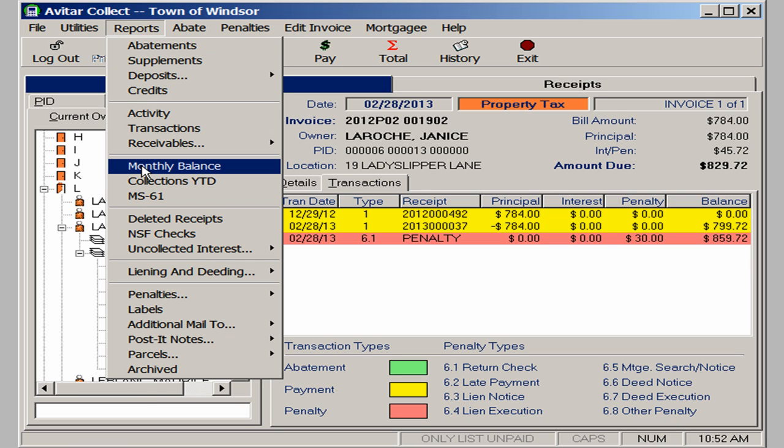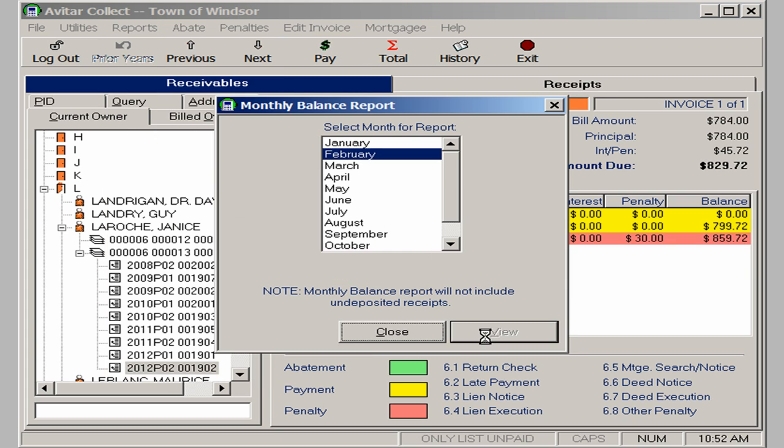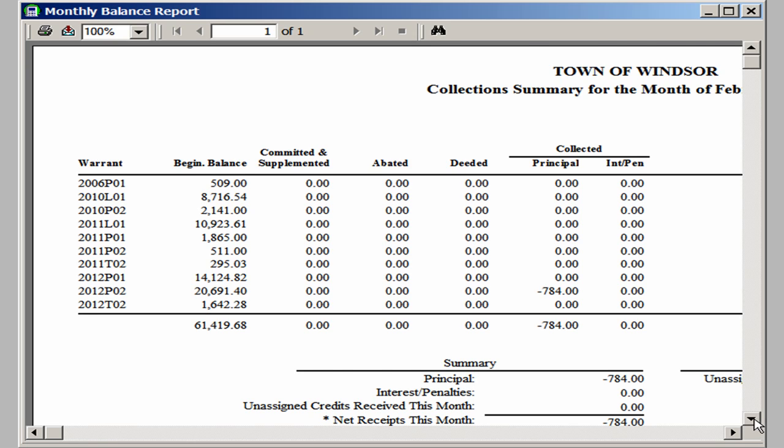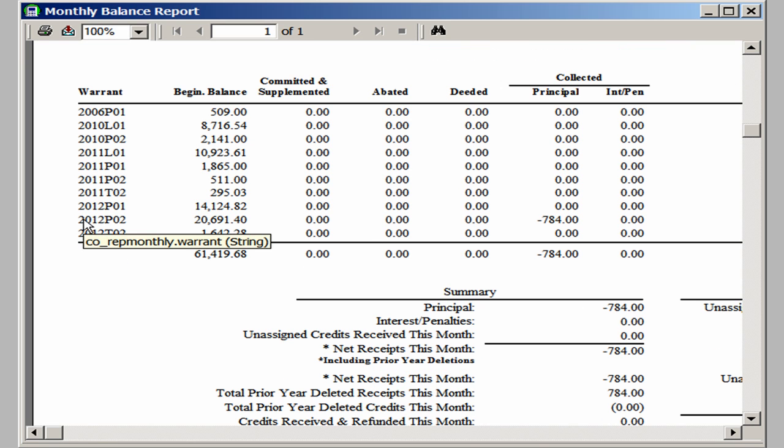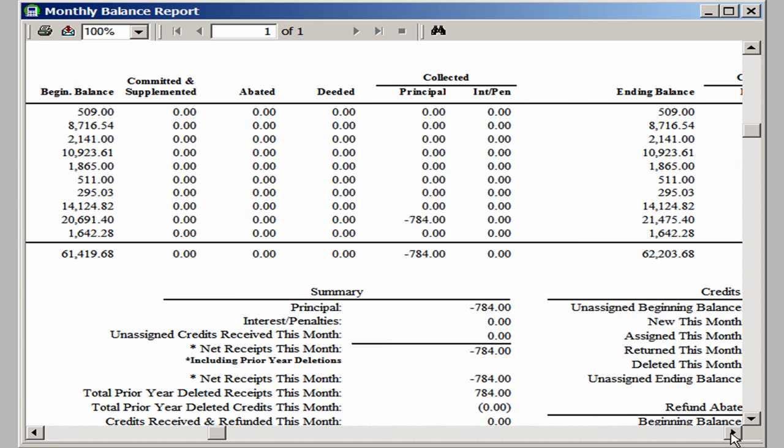I'm going to show you the monthly balance because I've chosen a town where I have no transactions, so it's easier to see. So for the 2012 PO2, it shows the reversal that we created, and it increases what's still owed for that warrant.